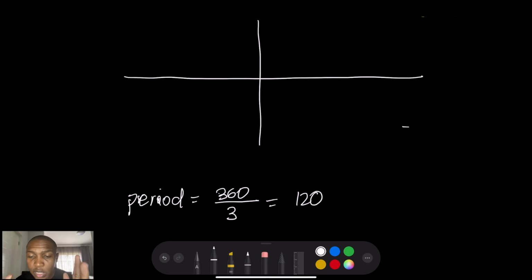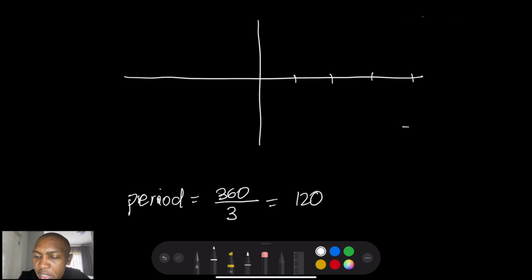So under normal circumstances, we'd have 90, 180, 270, and 360. Now you would take those points and divide them by 3 to complete a full wave.